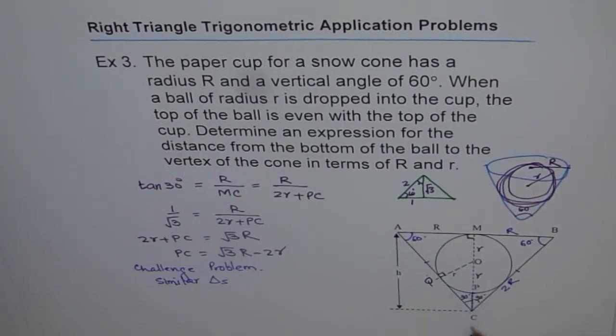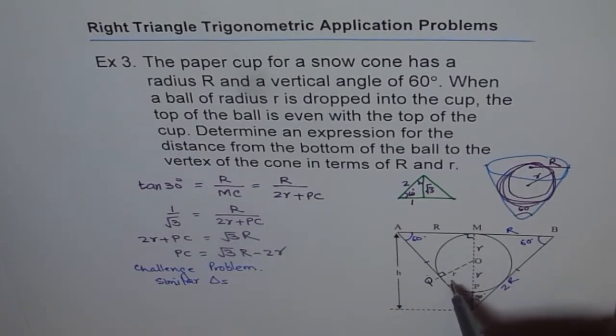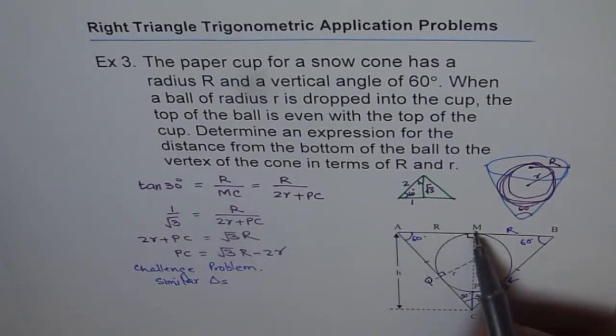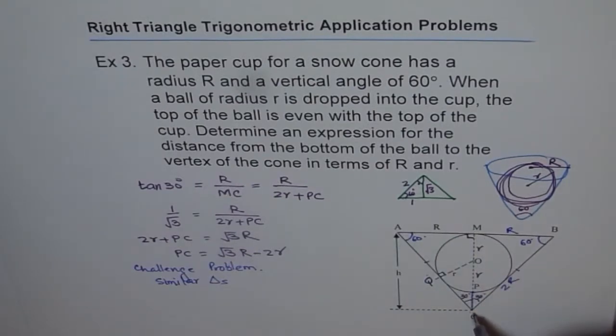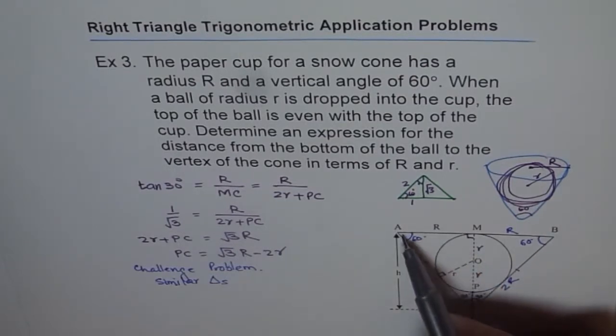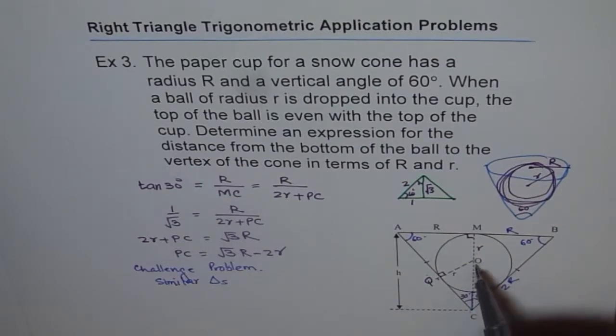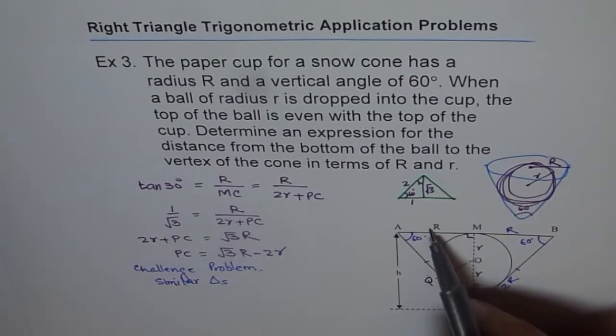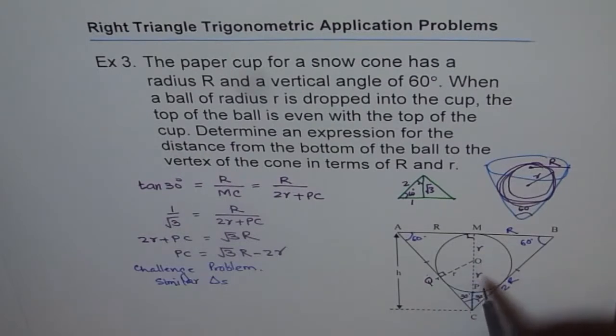Triangle AMC is similar to triangle OQC, because the 90 degrees for the small triangle is at Q. So triangle AMC is similar to triangle OQC, and then you can equate the sides opposite to the same angle, 30 degrees.